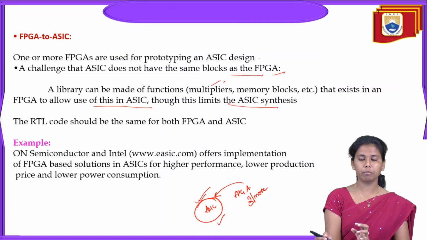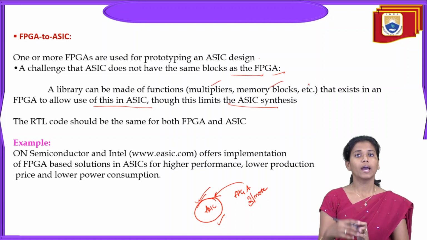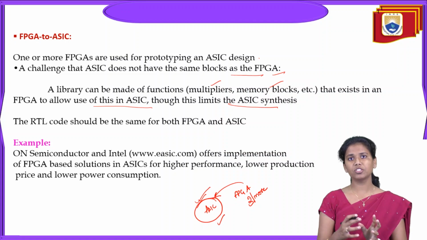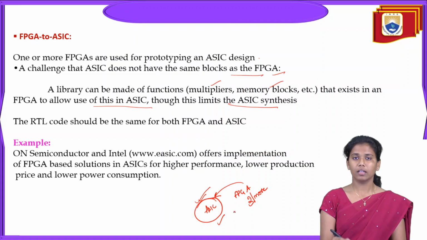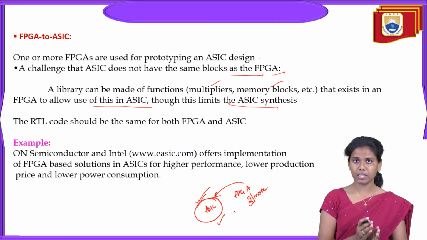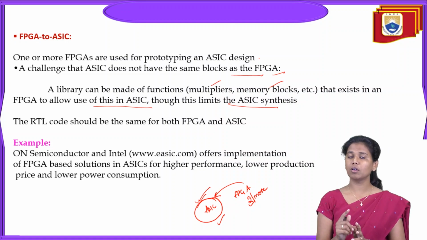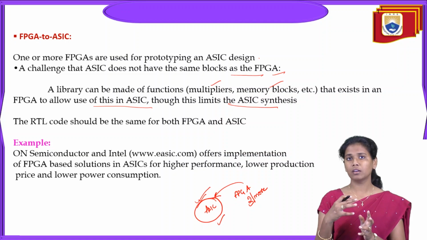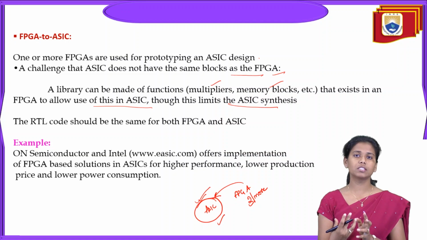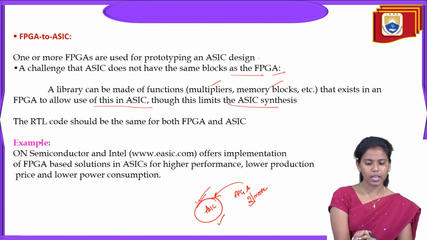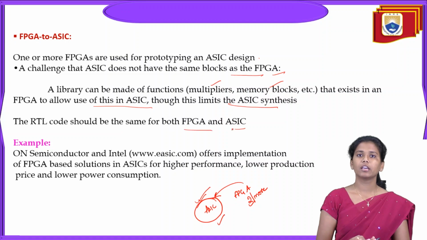It may contain multipliers, memory blocks, and gates as well. For each module's synthesis, whether in terms of ASIC or FPGA, the elements needed can be taken from the library. Okay, Verilog library.